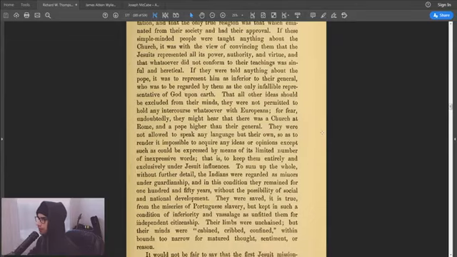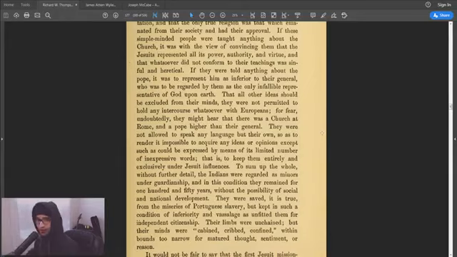So, they were saved, it is true, from the miseries of Portuguese slavery, but kept in such a condition of inferiority and vassalage, the vassal, right? This is all going back to serfdom and admiralty maritime law, banking, feudalism, right? And vassalage as unfitted them for independent citizenship.